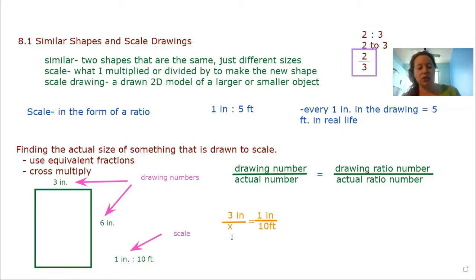So 10 times 3 is 30. So we end up with x equals 30 feet. So in actuality, the short side of this is 30 feet long.